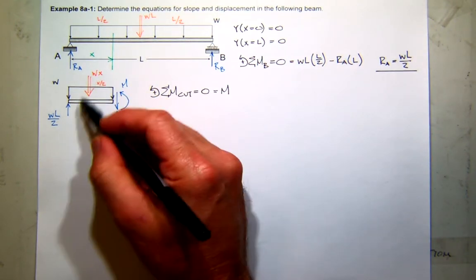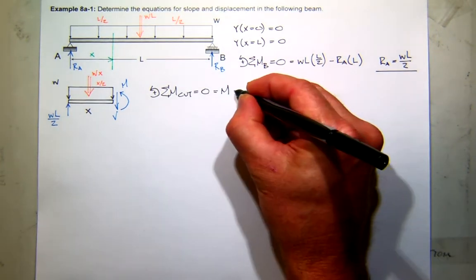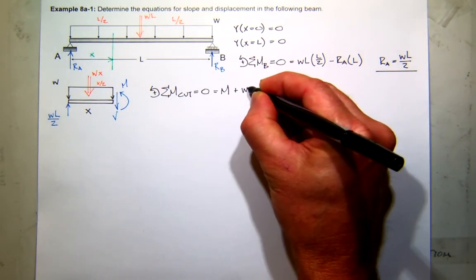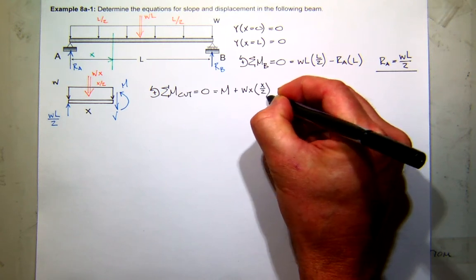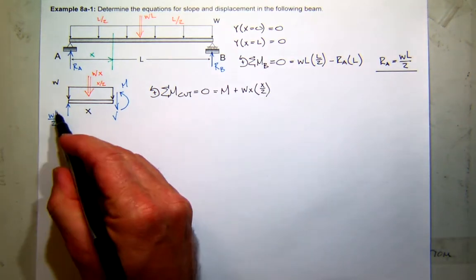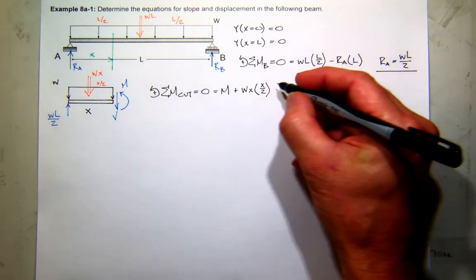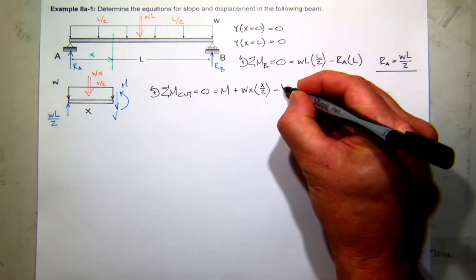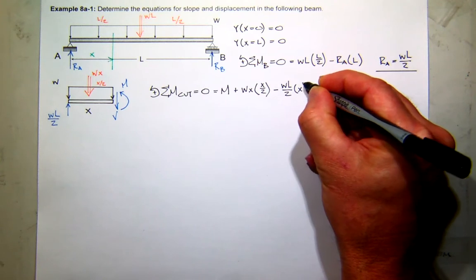Is that creating positive moment about the cut or negative moment? Positive. So I have a force of Wx times a moment arm of x over 2. And then I have my reaction load, WL over 2. What kind of moment does that create? Negative. So I have a force of WL over 2 times a moment arm of x.